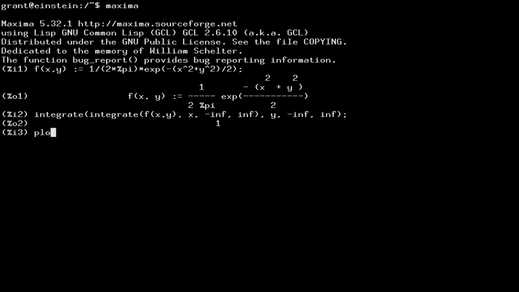So let's do a plot in 3 dimensions of f of x,y, the plot of our PDF, and we'll say that x is going to go from minus 5 to 5, and y going from minus 5 to 5. So if we graph that, let's see what the picture will look like.